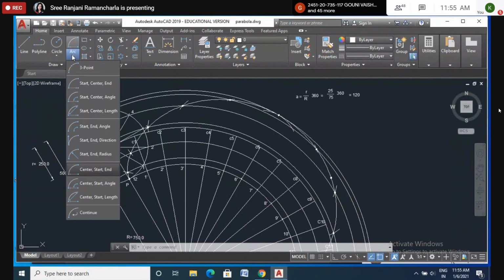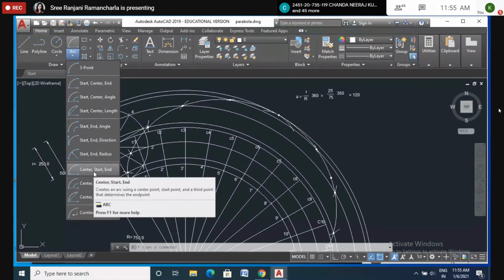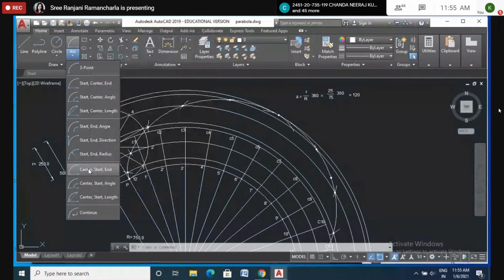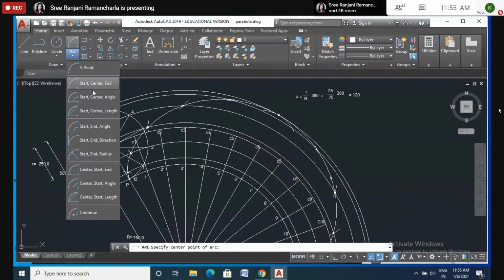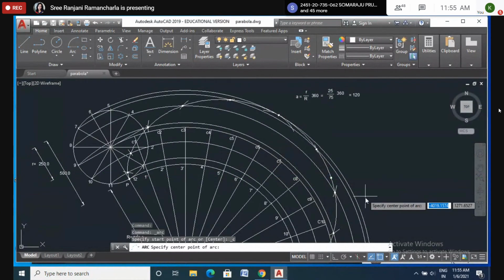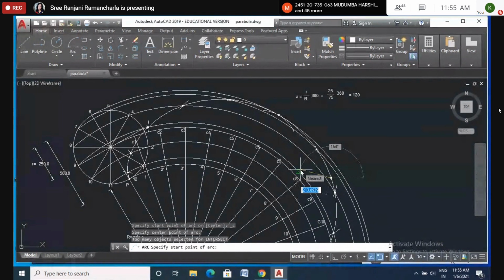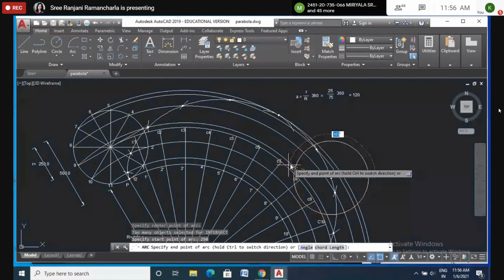Again arc, start, center, end. Center, start, end. So this is center. Start is what is the radius? 2.5. Okay, 2.5. Enter.